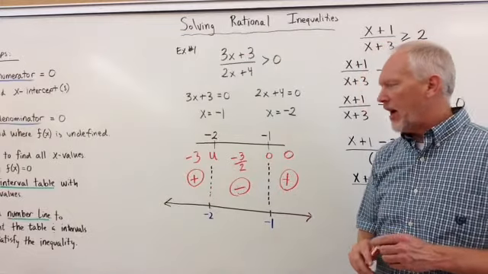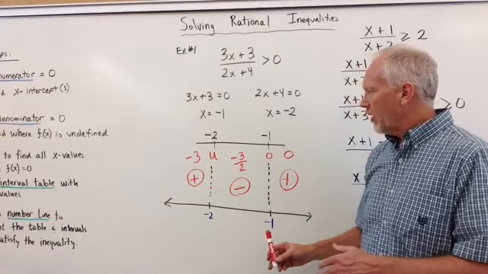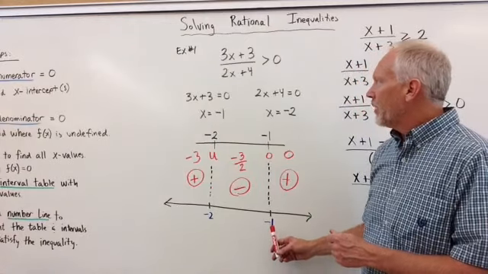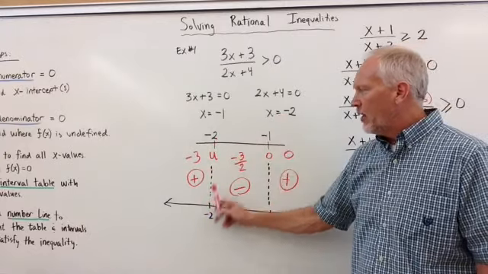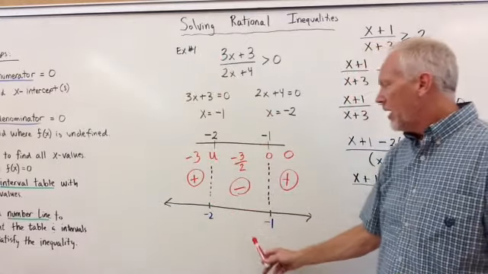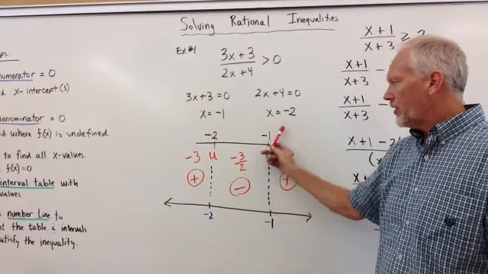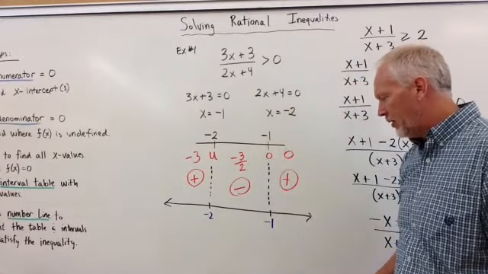And what we'll notice is that on this graph, it comes up through, has a vertical asymptote at negative 2, and up high on the graph there's a swoop that happens, and then it comes up. Once it crosses this 0 at negative 1, then it becomes a positive value.